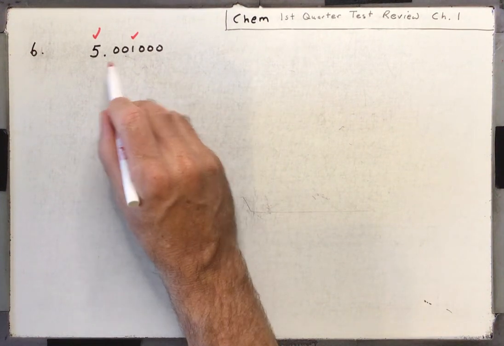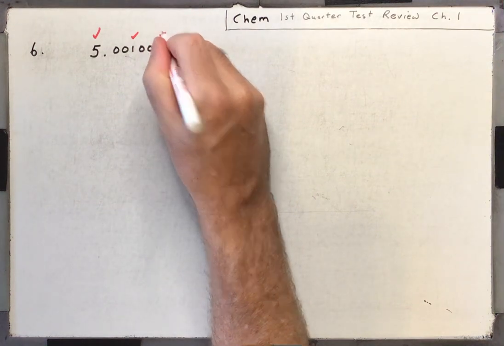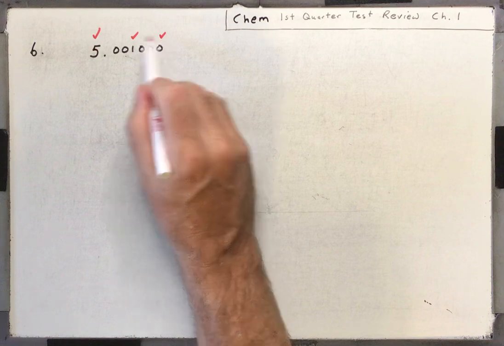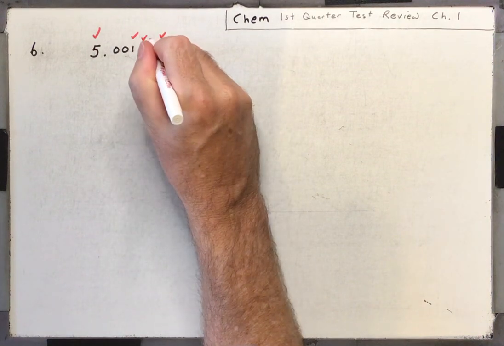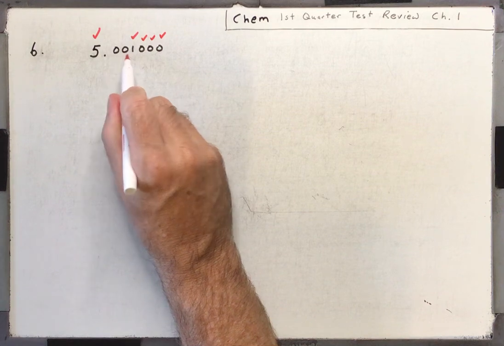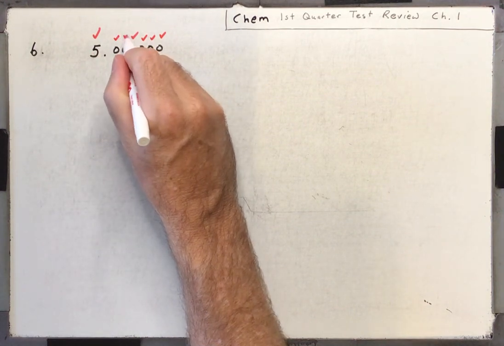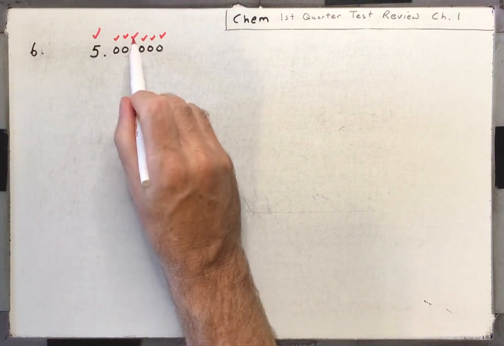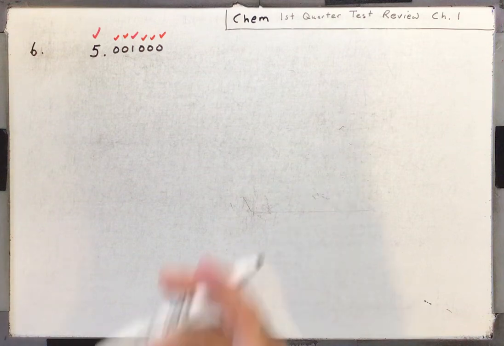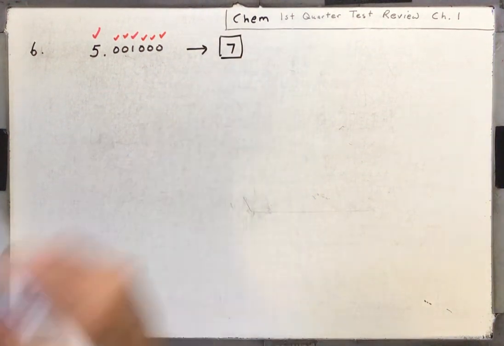Well, we have a 0 to the right of the decimal and at the end of the number. That counts. And then we have a bank of zeros in between two significant figures. So those two count. And then these two zeros are between the 5 and the 1, which are significant. So that's 1, 2, 3, 4, 5, 6, 7. So all 7 are significant.